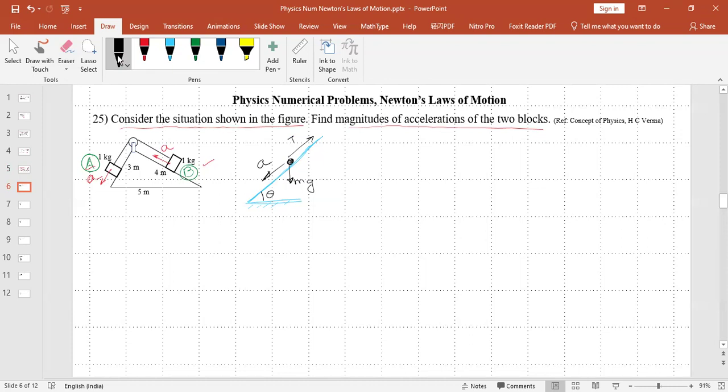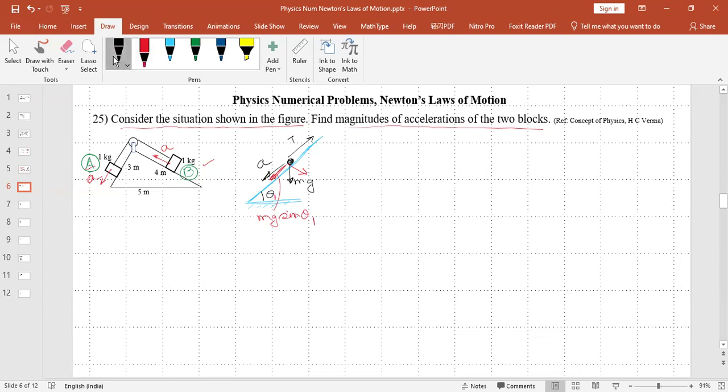So we have to only find out the magnitude of mg in the direction of A. In mg we find the two components of mg, one in this direction, another in the normal direction. This value is mg sine theta 1. Say this is theta 1. Right?